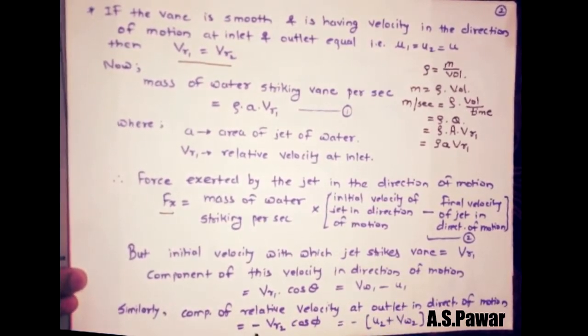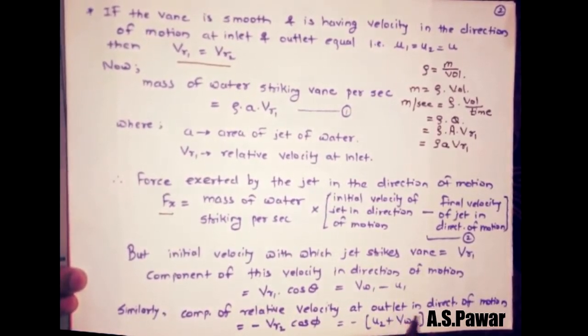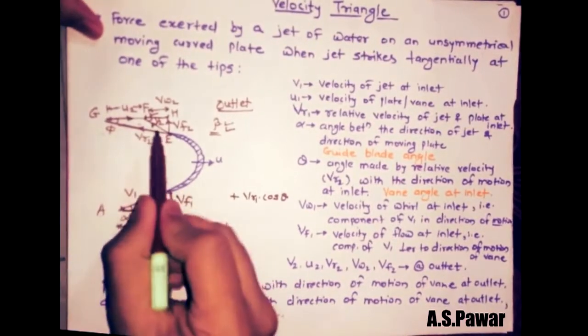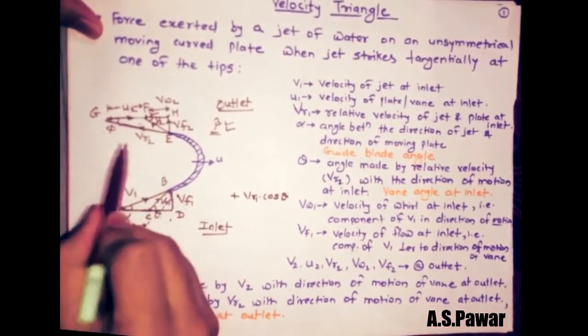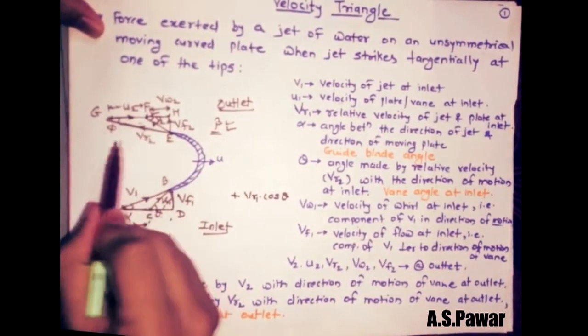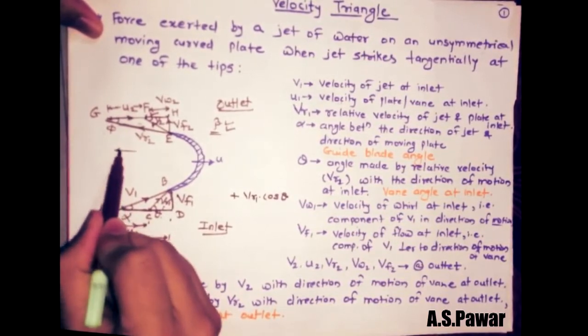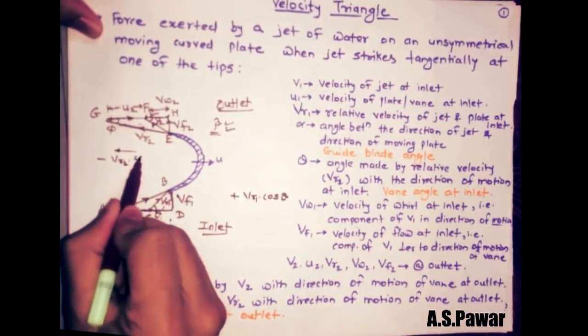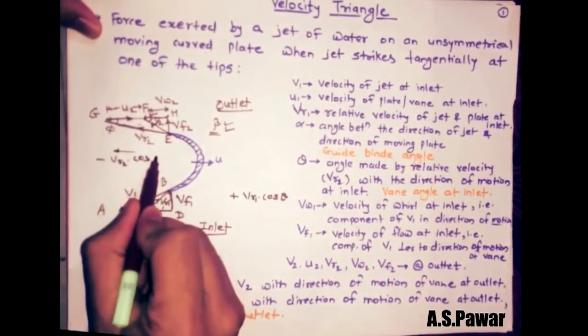Similarly, consider the component of the relative velocity at the outlet in the direction of motion. Likewise, we look at the velocity triangle at the outlet. This is vr2, so its component in the direction of motion will be in this direction, equal to minus vr2 cos phi, since the angle of inclination here is phi.